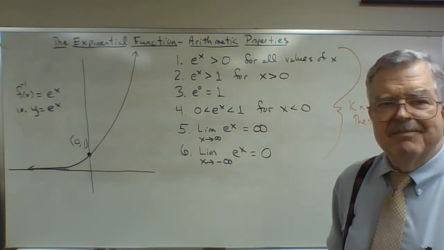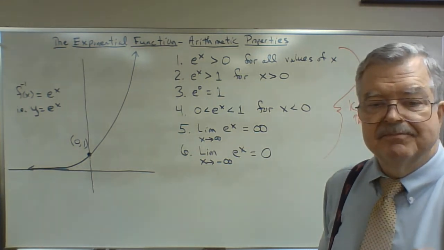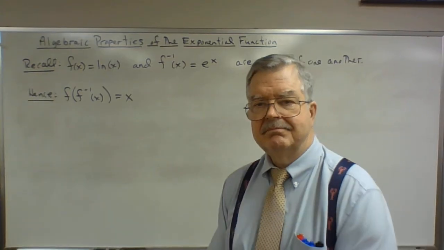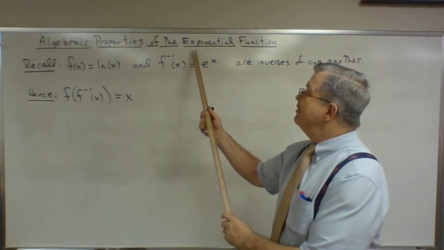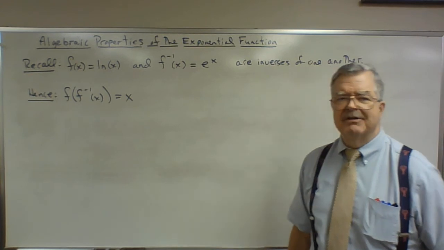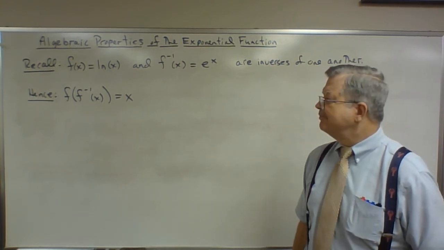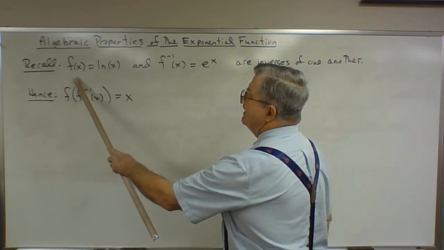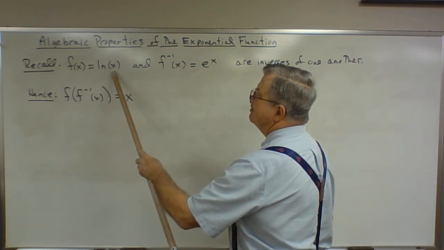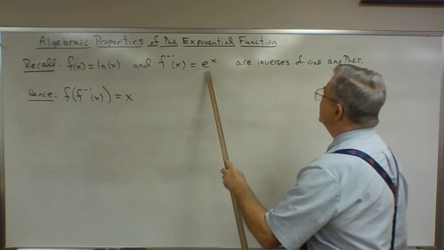Now let's look at algebraic properties of the exponential function. These turn out to be very useful. But we remember that if f of x is the natural logarithm of x, then f inverse of x is e to the x.